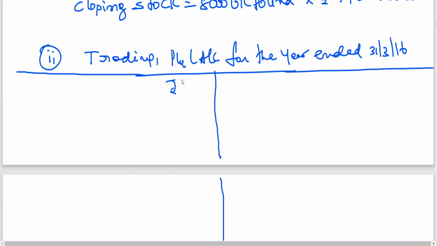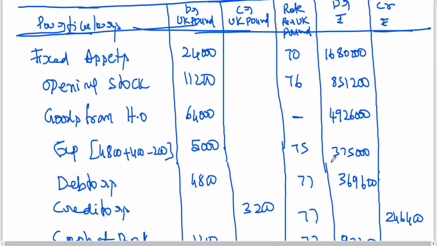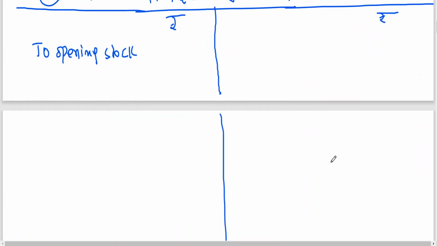We are writing in Indian currency. Opening stock, we got the value here, 8,51,200. We got two things, purchase also we got, goods from head office also we got.